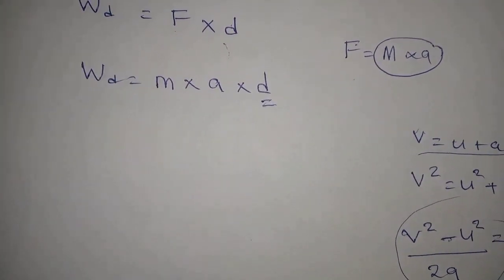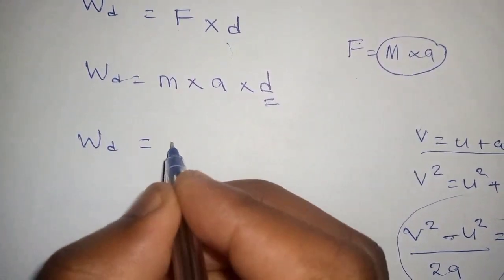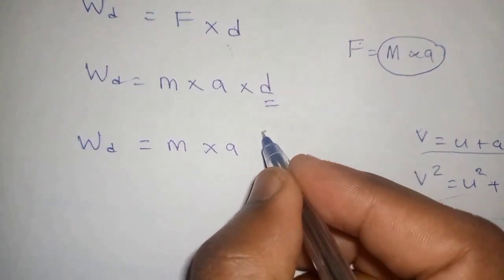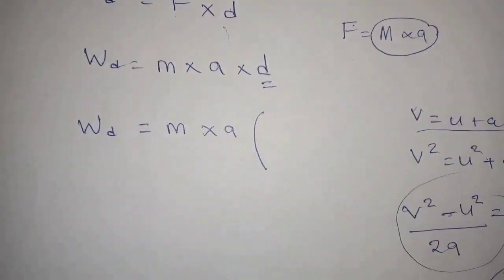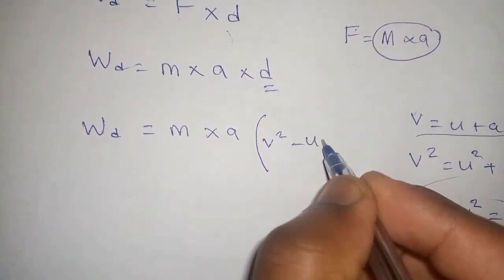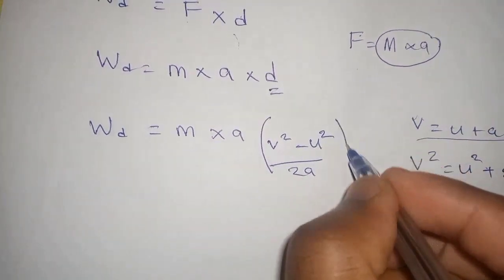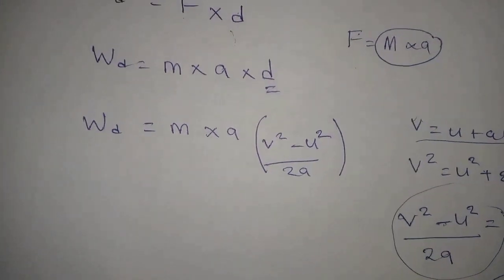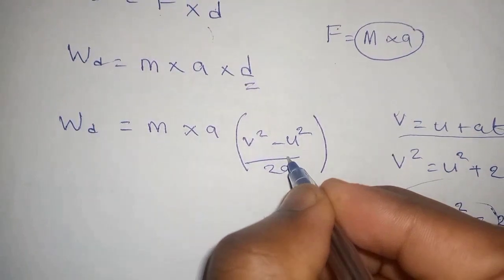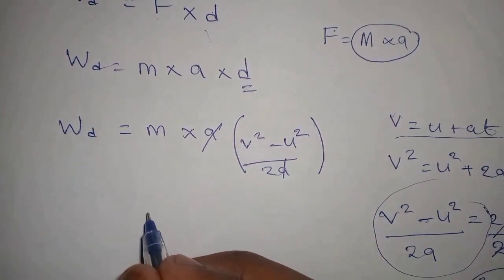All right, so I'm saying work done will be equal to mass times acceleration. Okay, I want to use brackets now, and I'm getting this. I'll say v squared minus u squared over 2a, and I'll close. Right? But mathematically we know that we have something in common, so we can simplify this acceleration and this acceleration. Will definitely get to cancel.